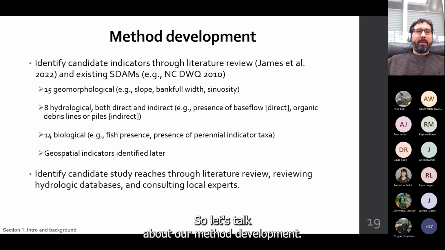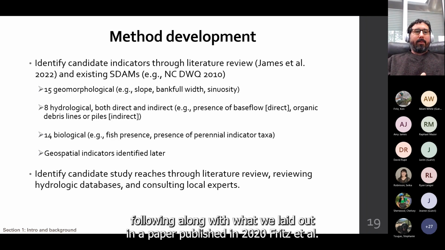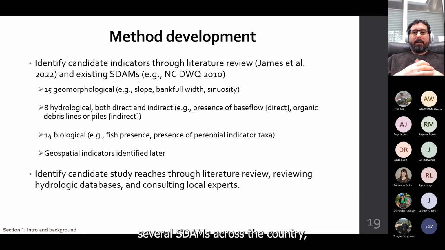So let's talk about our method development. We developed these SDAMs following along with what we laid out in a paper published in 2020, Fritz et al. And we followed that method now in developing several SDAMs across the country.